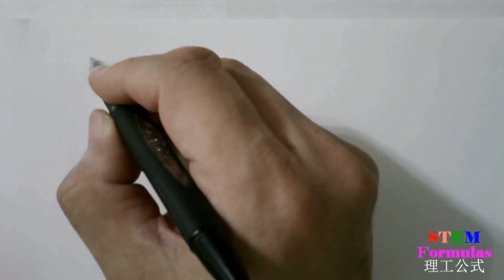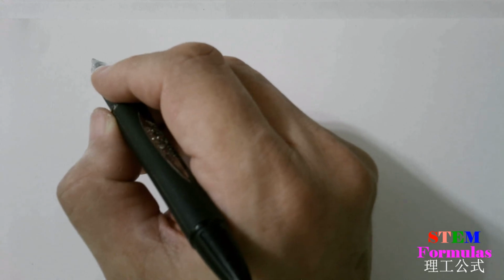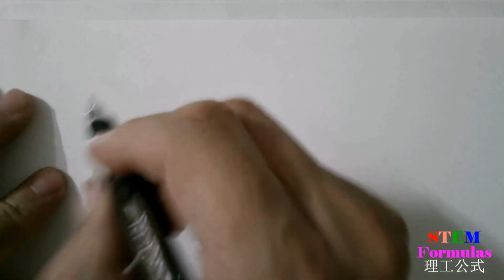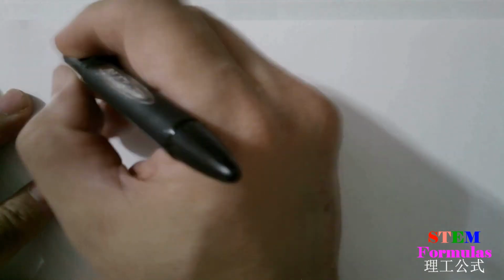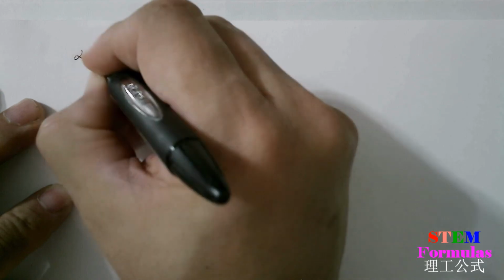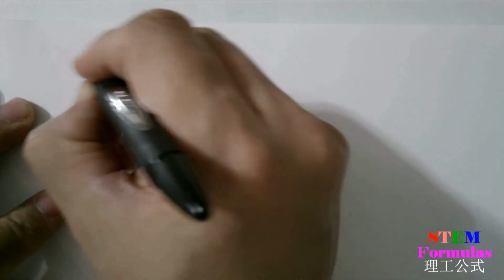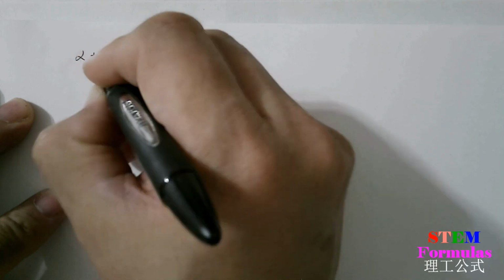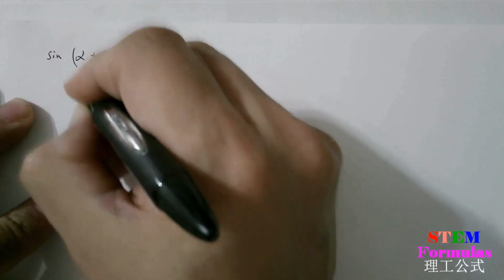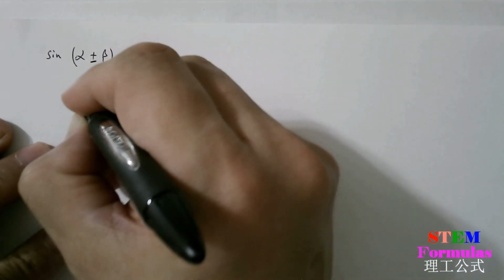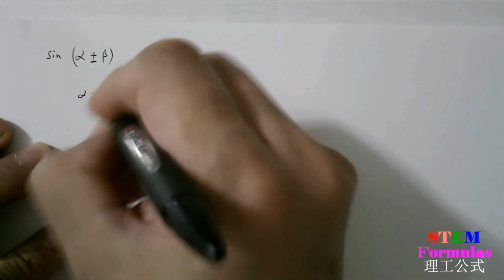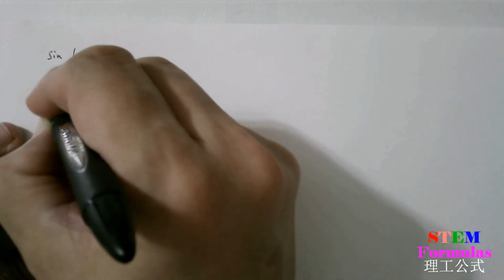Sum of 2 angles and cosine of sine. So alpha plus or minus beta, for sine, and alpha plus or minus beta, for cosine.